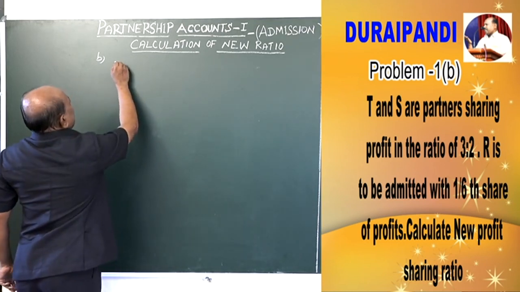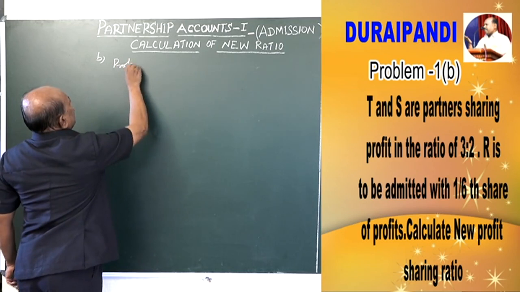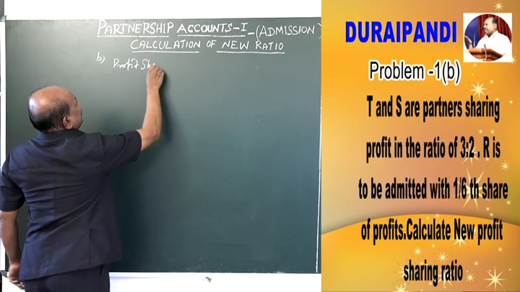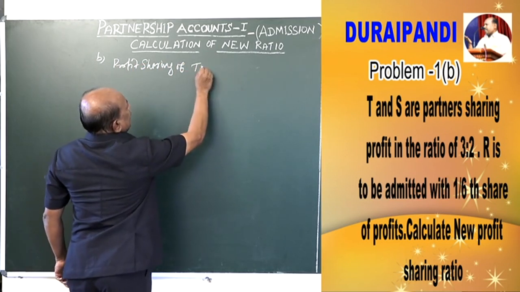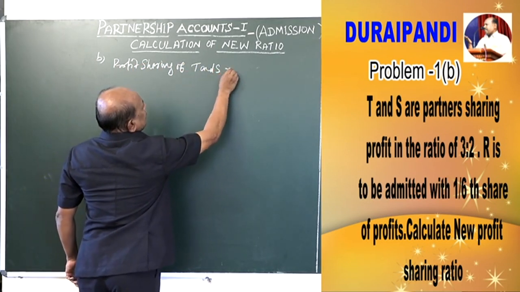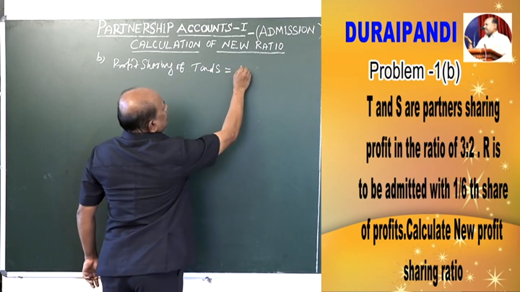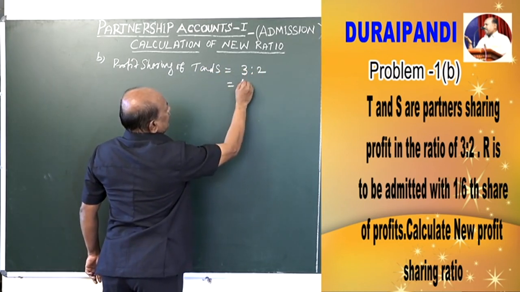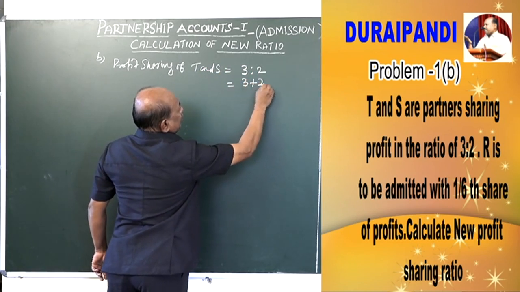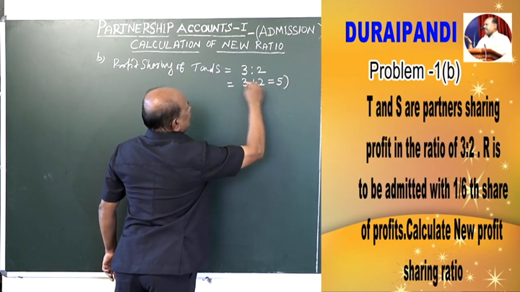Now the profit sharing of T and S is 3:2. That is 3 plus 2 equal to 5.